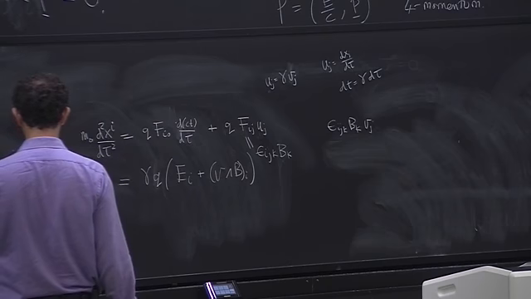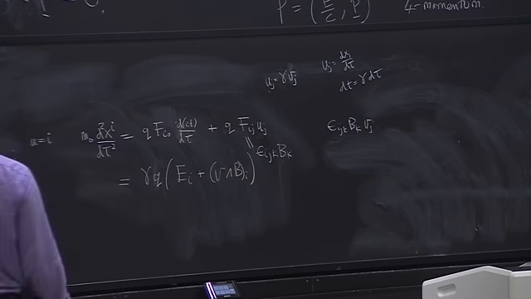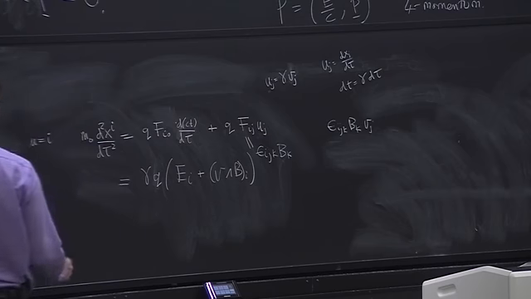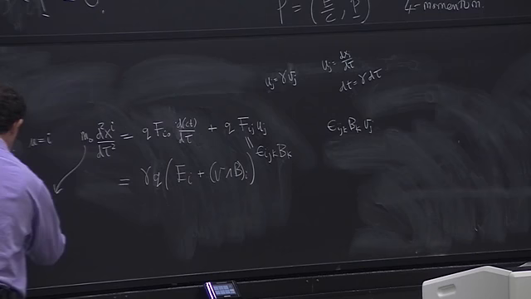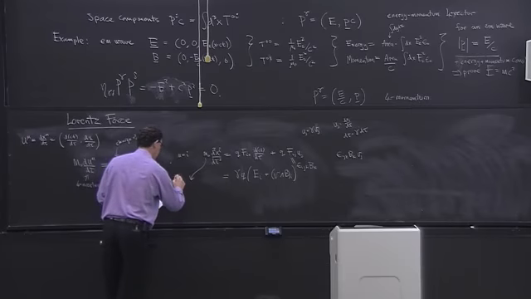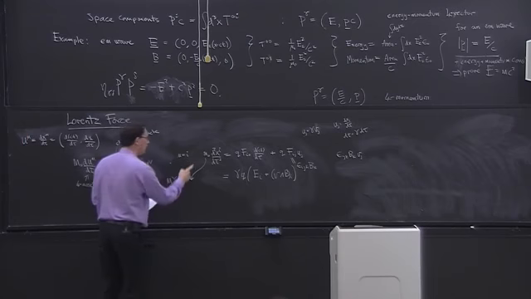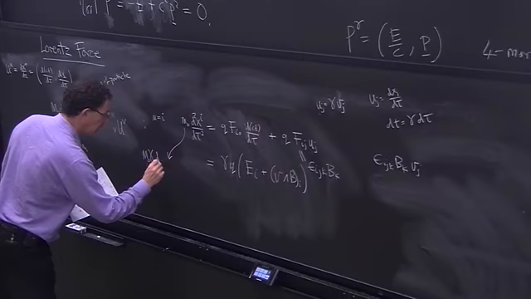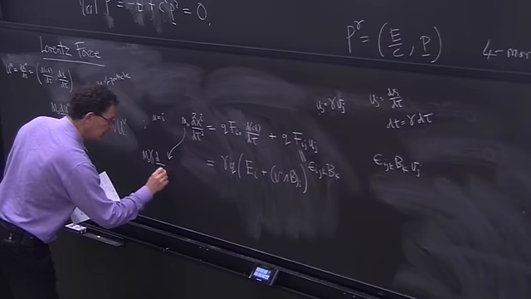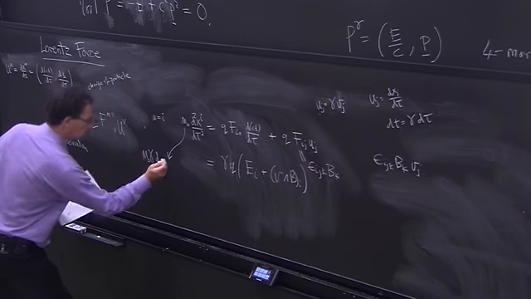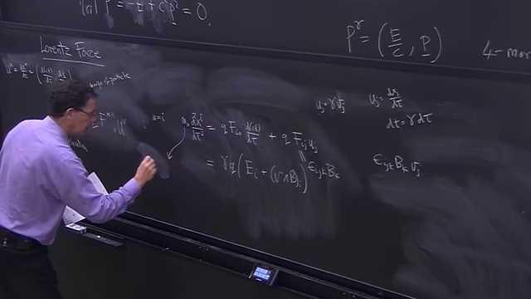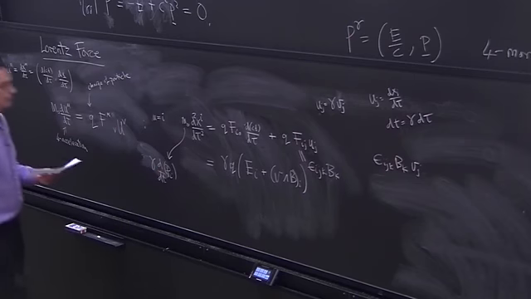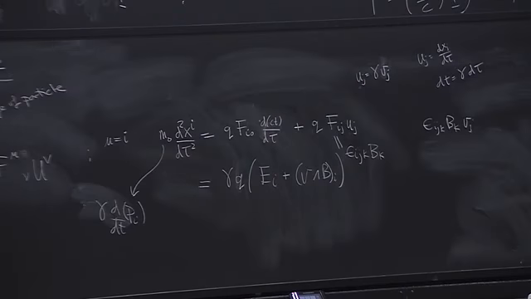Now, we're still not quite finished, because let's reinterpret this side. You see, this side is m_0 times gamma, because d tau is dt over gamma, times d/dt of, write it this way, gamma d/dt of p_i.